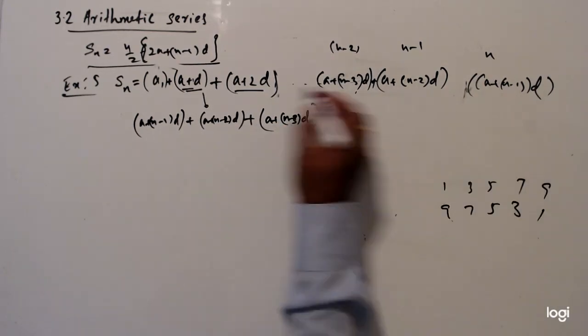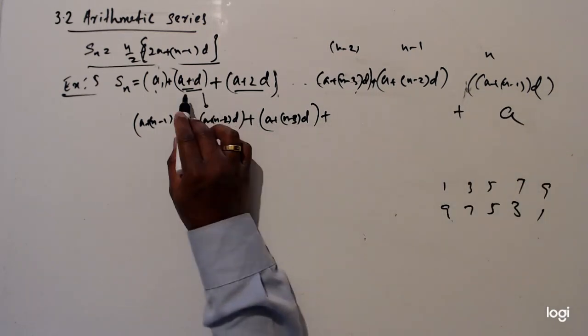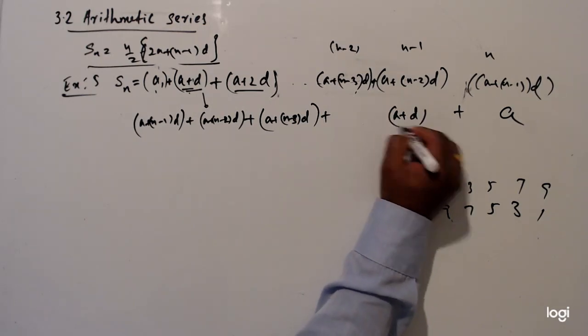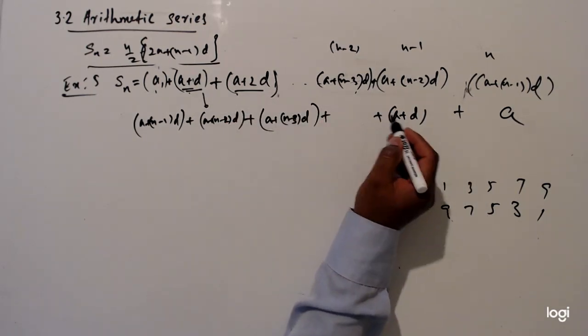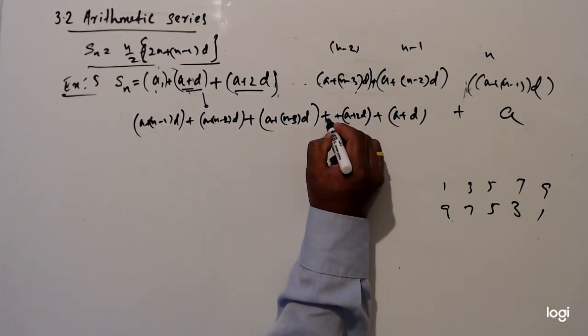Likewise, the last one is going to be a, and before that a plus d, and the other one is going to be a plus 2d, and there are dots here.